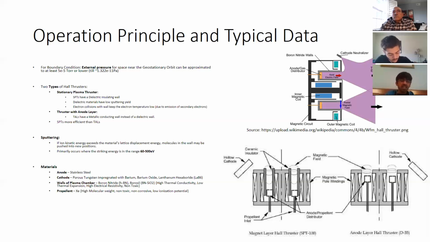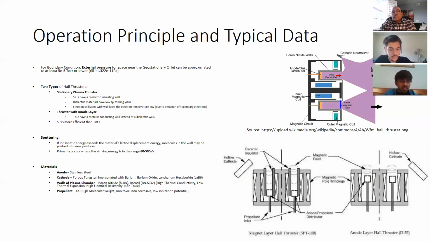This is the sputtering phenomenon, which decays the material that the plasma chamber is made out of. I have not yet gone into an in-depth analysis, but it may be useful later if you need to analyze the structure of the wall itself.